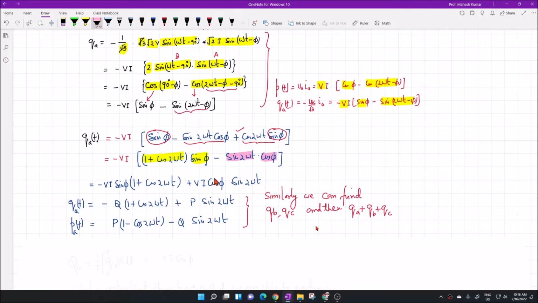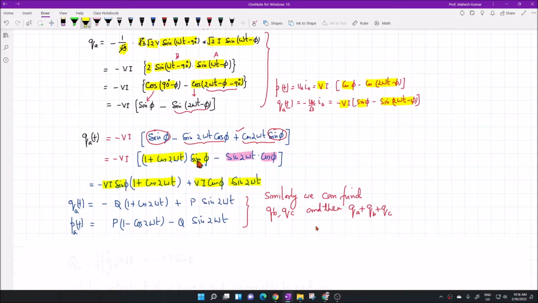Now we can write in terms of P and Q. This becomes minus BI sine phi (1 plus cos 2 omega t), and this becomes BI cos phi sine 2 omega t.